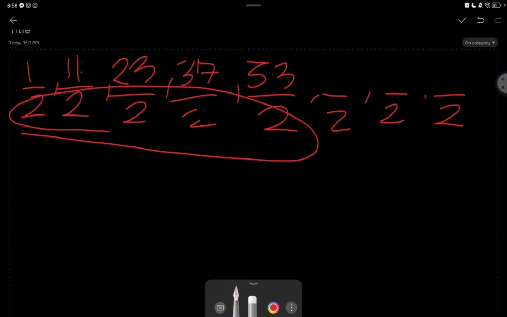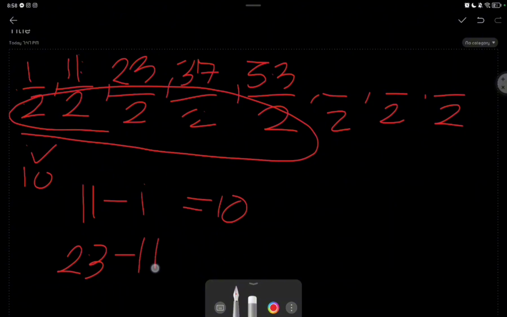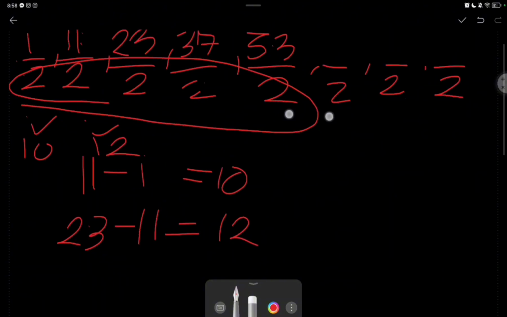We will disregard it, but we will find the pattern at the numerator. For the pattern in the numerator, we will subtract again. Since it is increasing, we subtract the first term from the next term. 11 minus 1 is equal to 10. Then 23 minus 11 is 12.